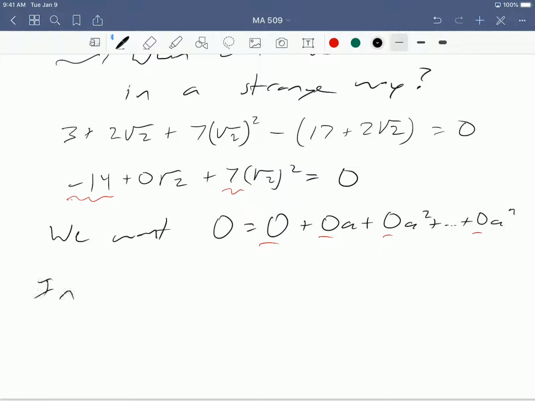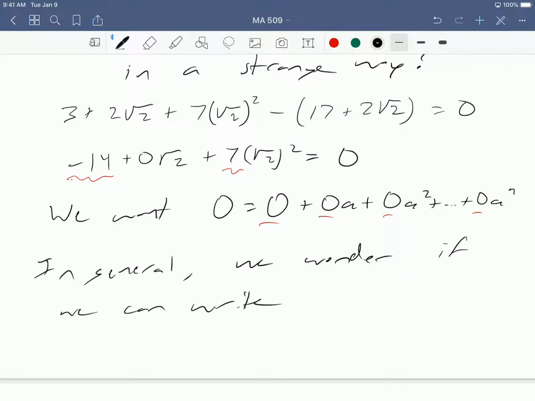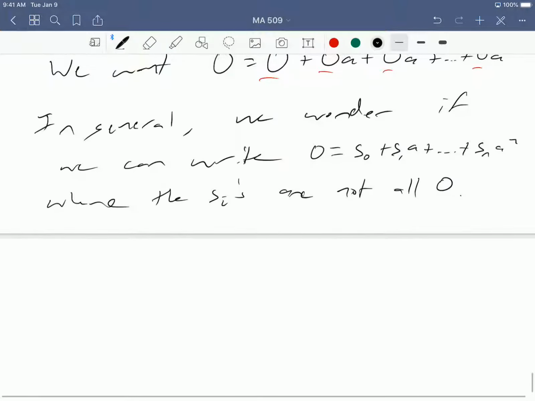So in general, what we're wondering is if we can write 0 as some s0 plus s1 a, dot, dot, dot, up to sn a to the n, where the s coefficients are not all 0. Okay?